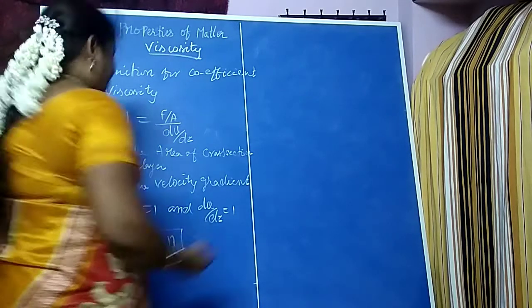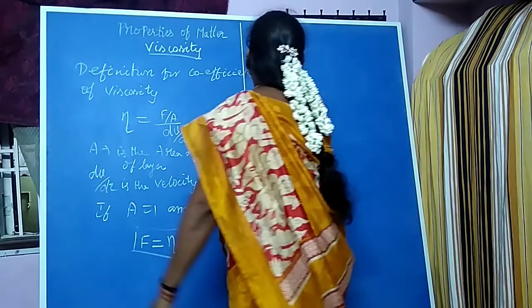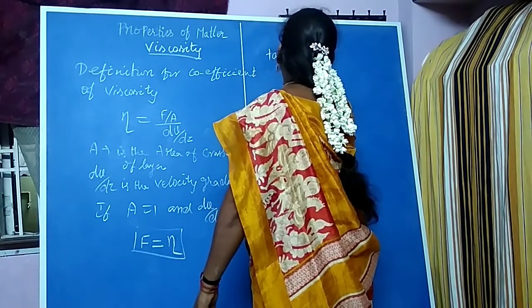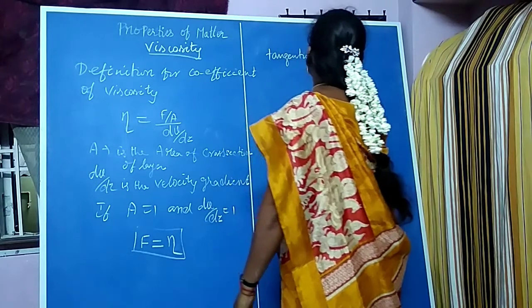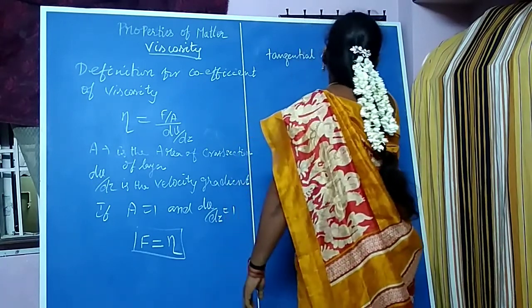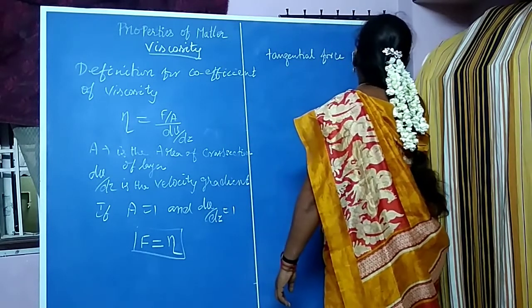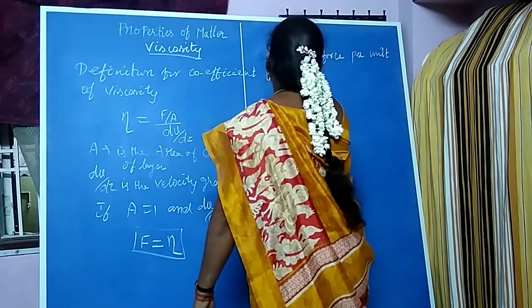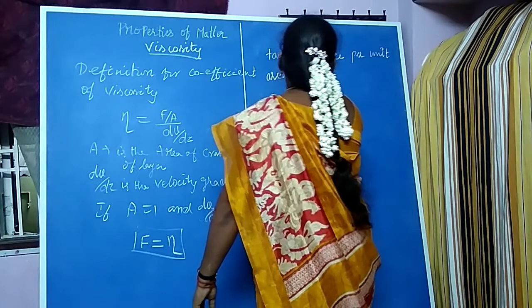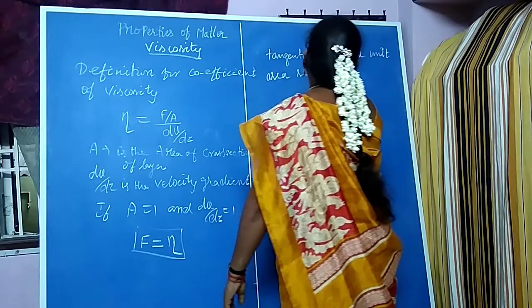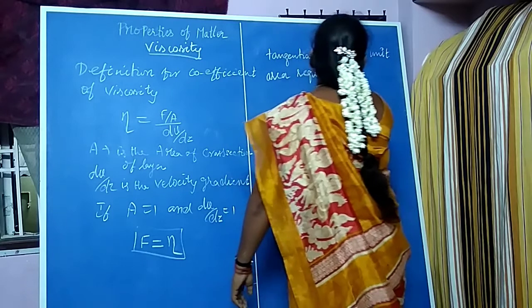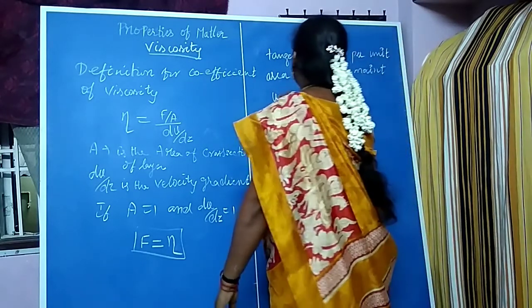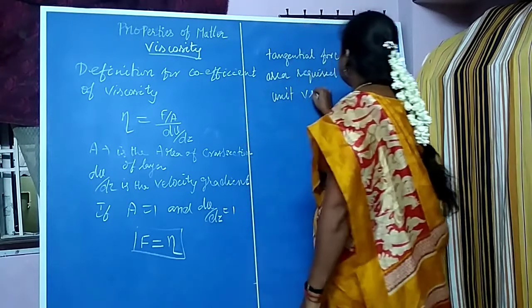Then we can define the coefficient of viscosity as the tangential force per unit area required to maintain unit velocity gradient.